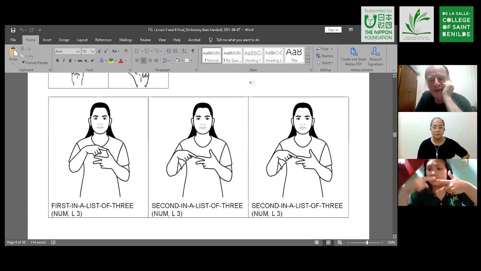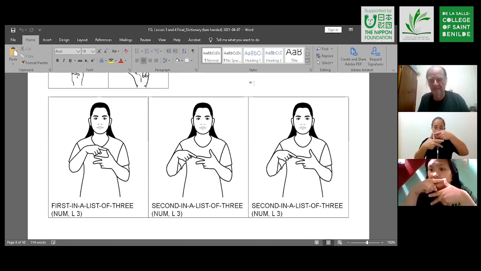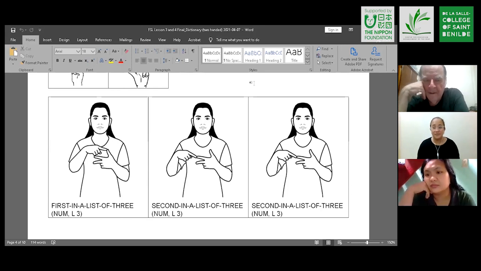That's movement or location? The movement is the same. But the place where it touches is different. High, mid, and low. Okay. All right, so you don't need to look at that one yet, okay? Go ahead down.